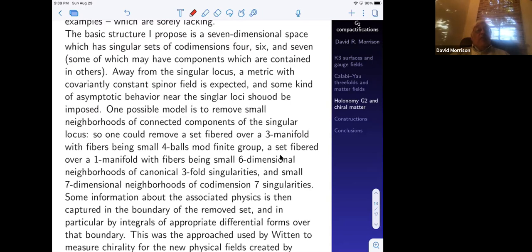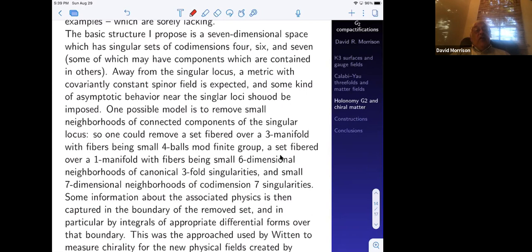But there might be singularities which are uncharged under the non-abelian part, could be charged under some abelian part. There are other sources for abelian gauge symmetry in this context. So a general setup will allow different components of those loci.